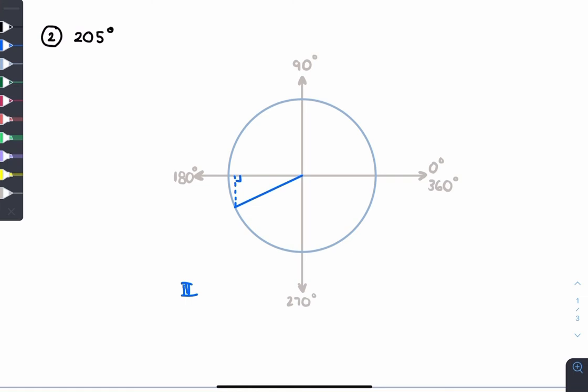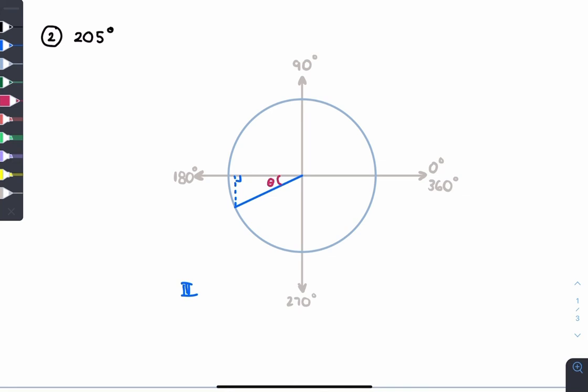All right, so next we can go ahead and figure out what the reference angle is here between the terminal side and the x-axis. I'll use theta again to represent the reference angle.